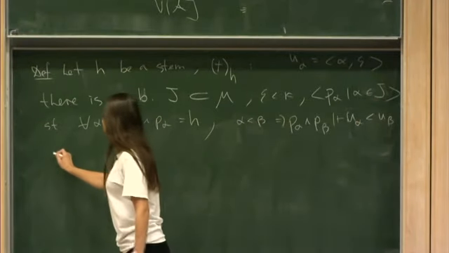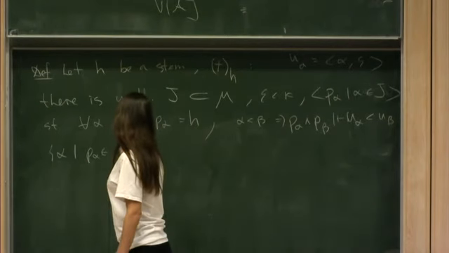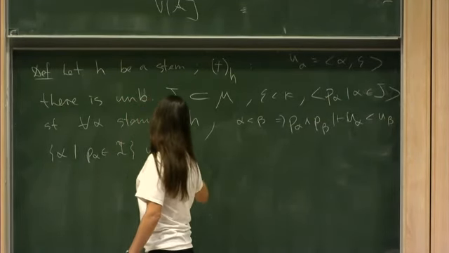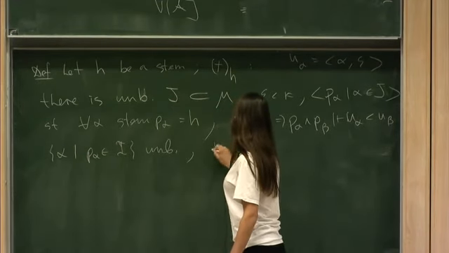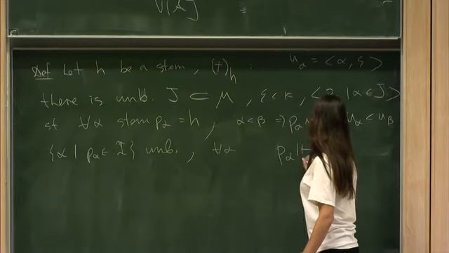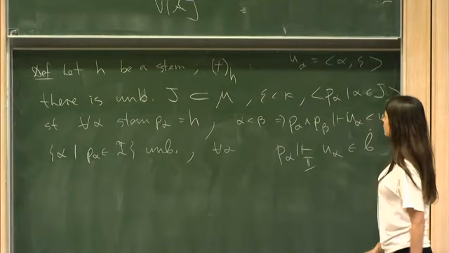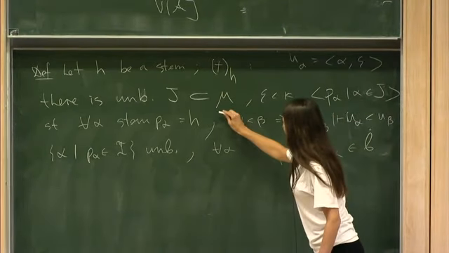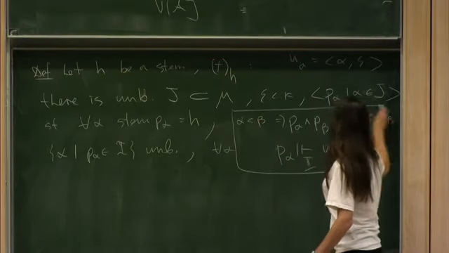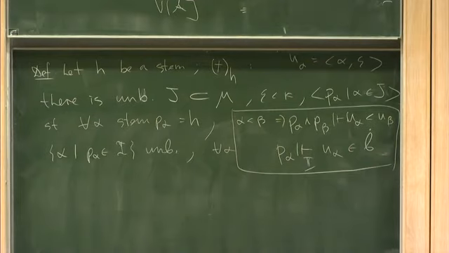And the set of alpha such that p alpha is in I is unbounded. And for all alpha, p alpha forces over I that u alpha is in the branch. Okay, so these are the two key parts. Well, and also there is unbounded p alpha intersects in I intersects the J.